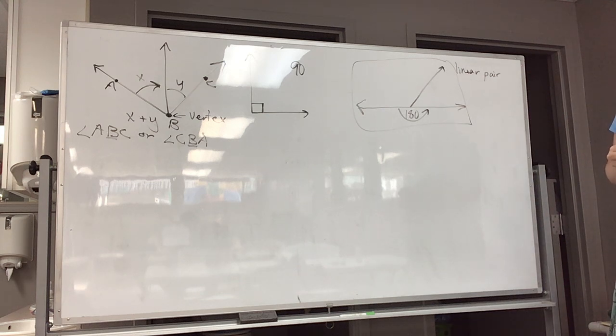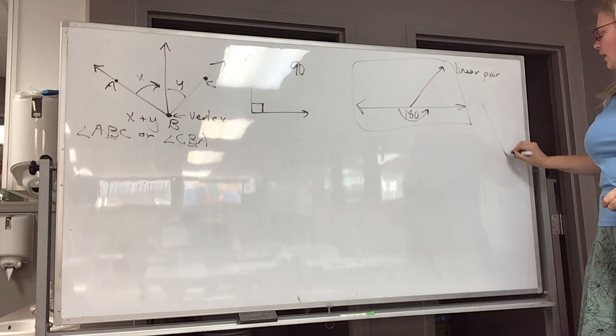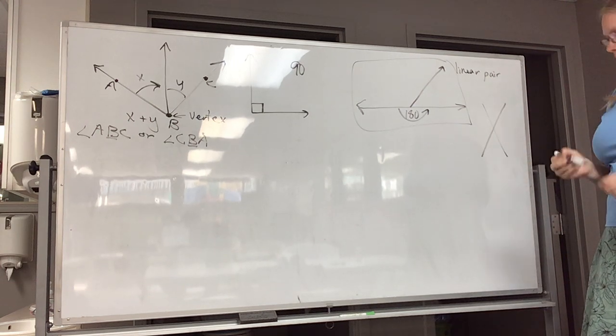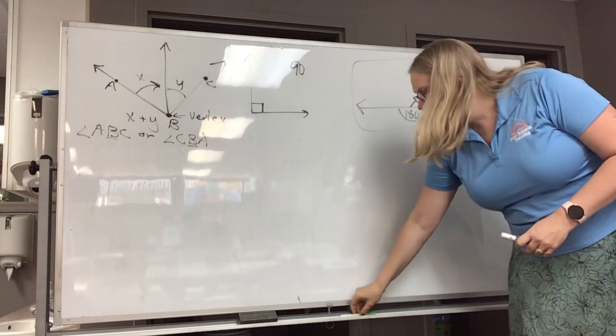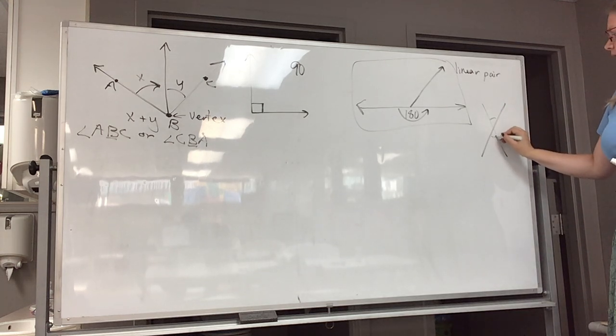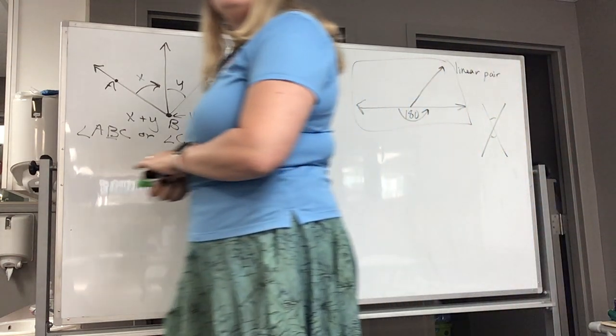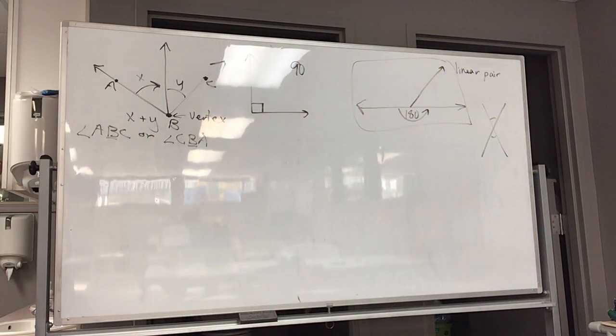So, one last thing with angles. Do you remember what those two little green angles are called? And even if you don't remember what they're called, do you remember what's special about them?